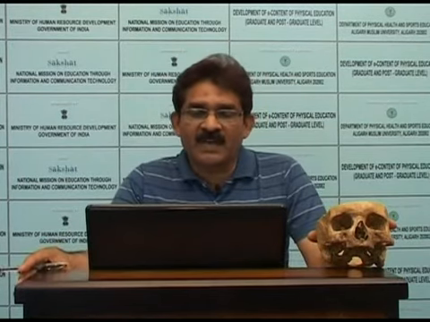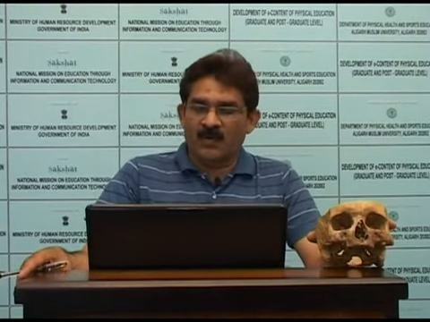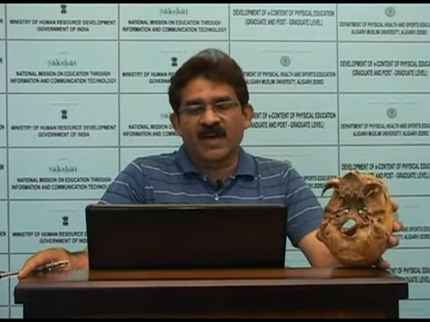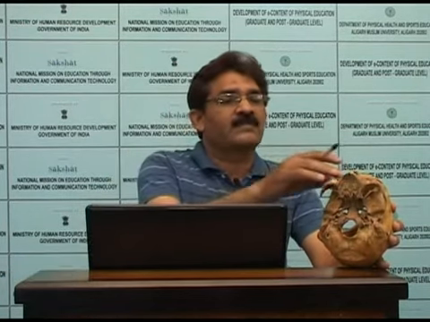Two important foramina can be identified on the inferior aspect of the temporal bone.